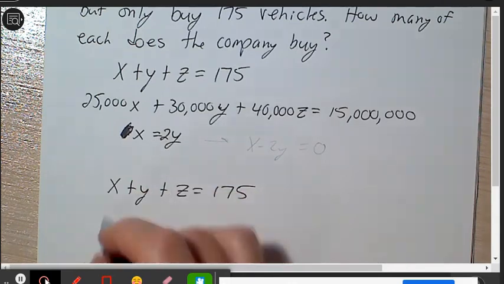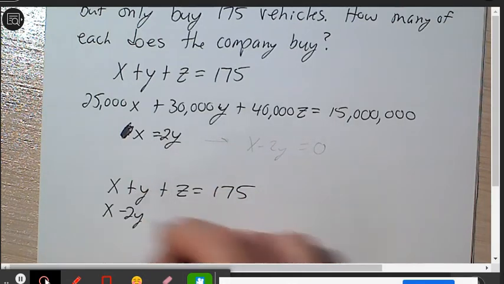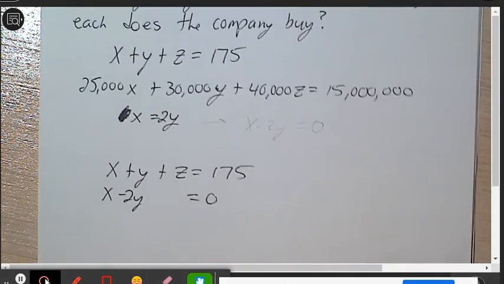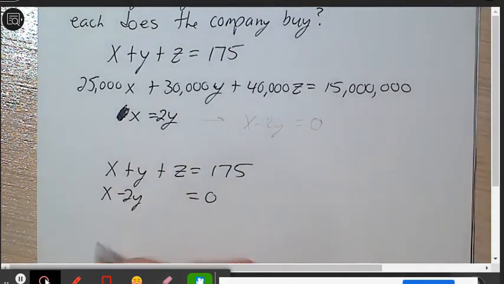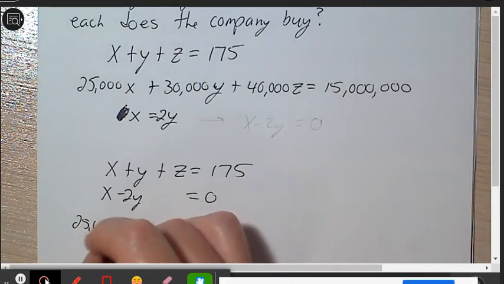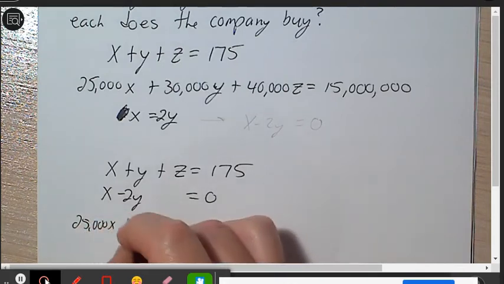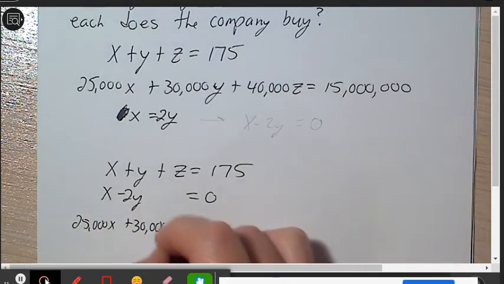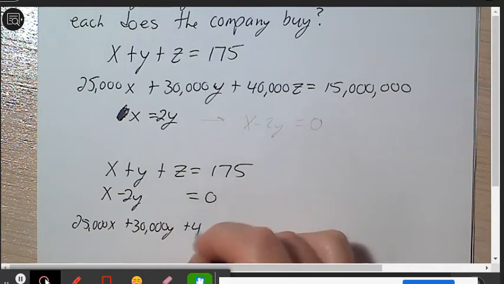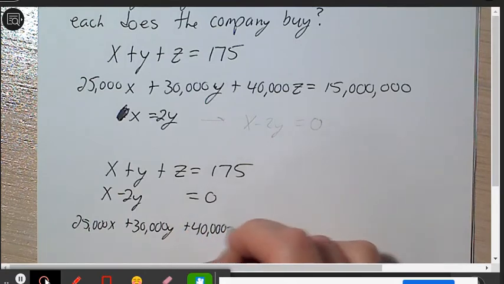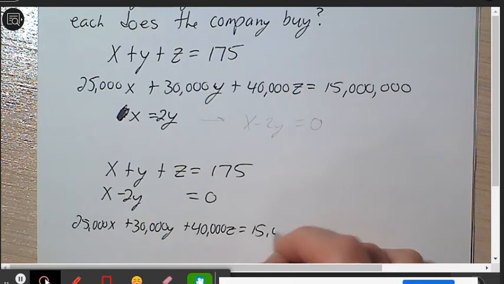I'm going to put this one next, rewritten so it's there. And then the big one at the end, and that's the one that's no fun to work with because the numbers are just so large. So that's the system that we're going to work with to solve this.